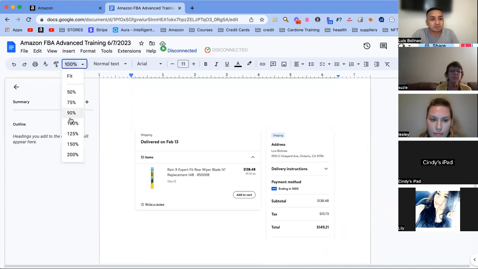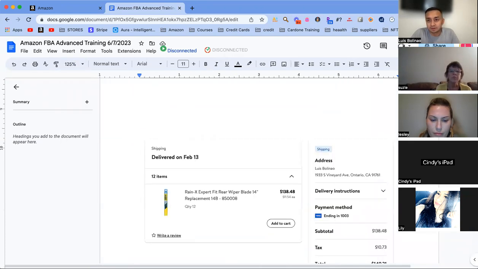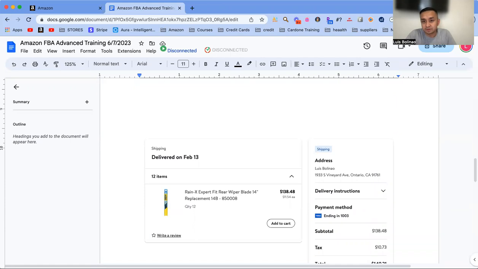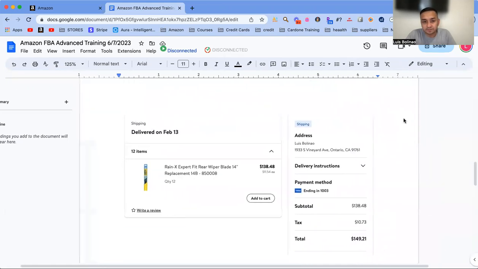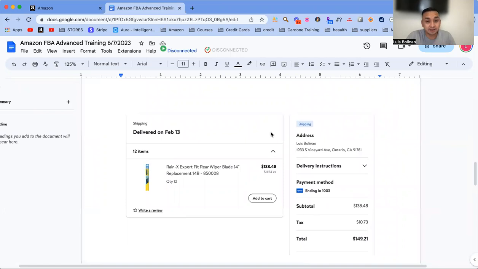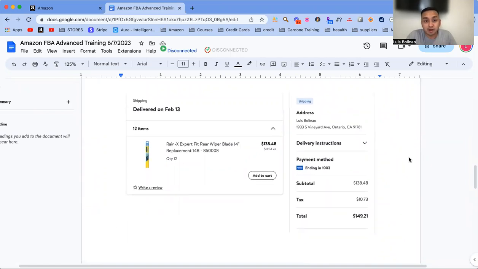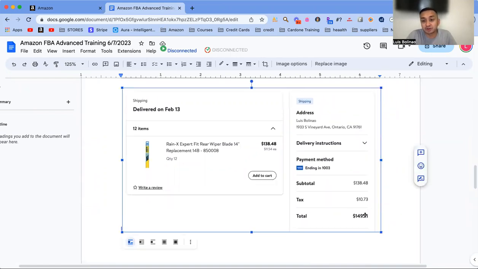Let me zoom this out. So for example, this product. For this product, I paid $149.21 right there, and there's 12 units, right? So I would take this number, $149.21 divided by 12.